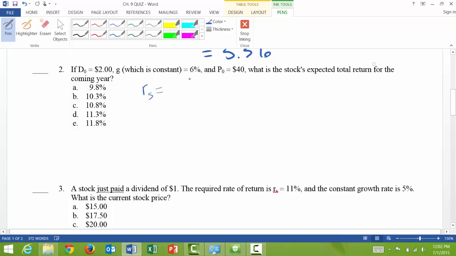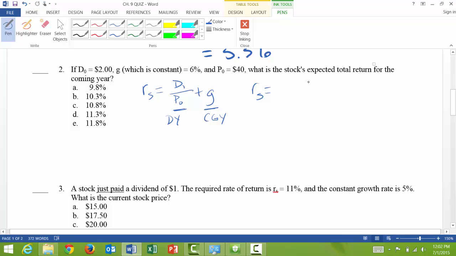is equal to D1 over P0 plus the growth rate, because if you remember, it's the two components. This one right here is the dividend yield, and this one right here is the capital gains yield. So I put DY for dividend yield and capital gains yield for those two. And so we'll say the total return is equal to D0.